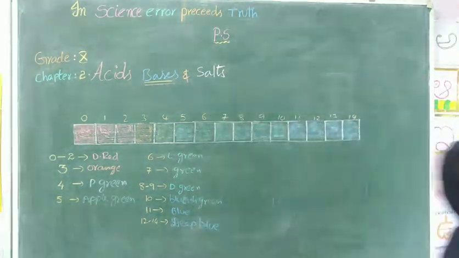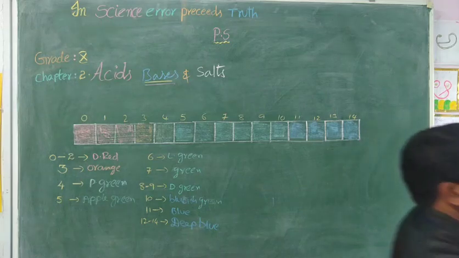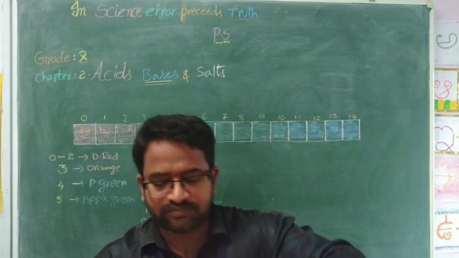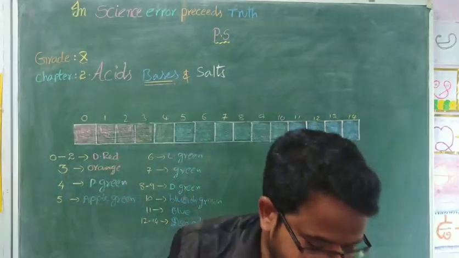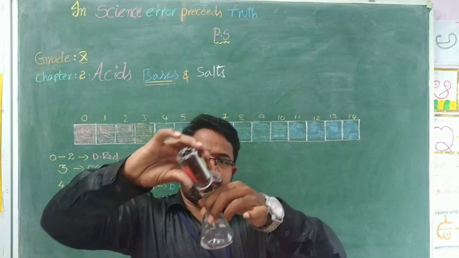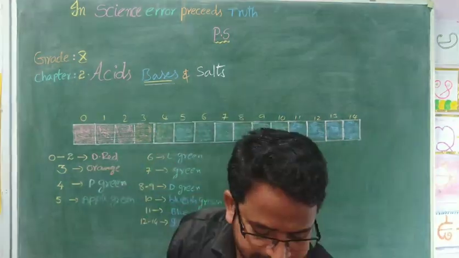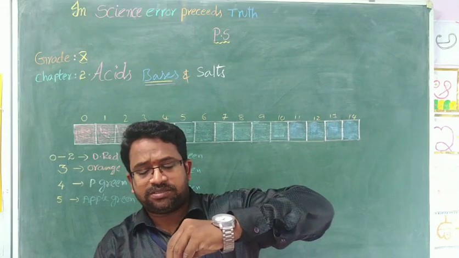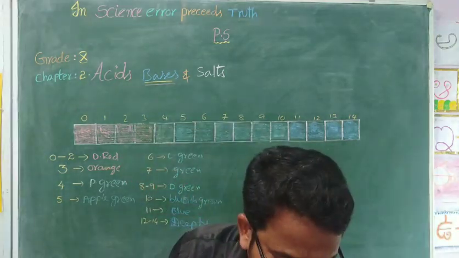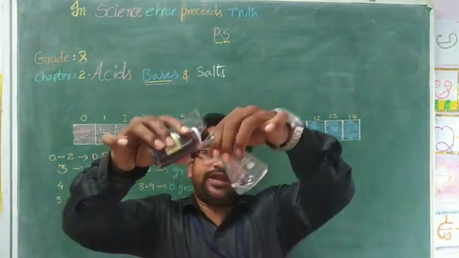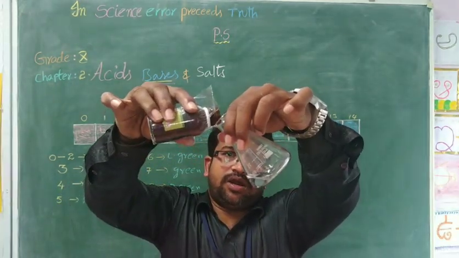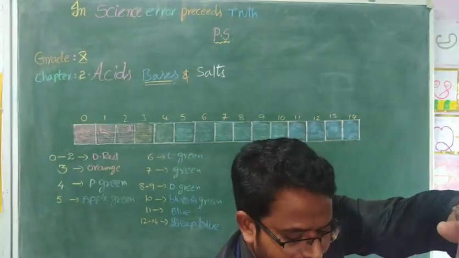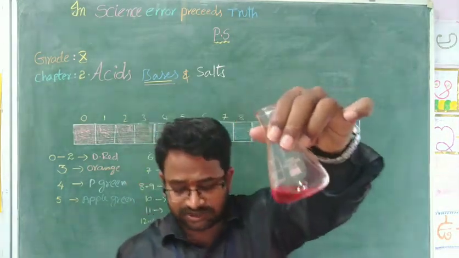For that I am going to add some methyl orange to it, following the textbook, that's very important. So what is the color? Red. Okay. Now red color is there in your stomach.